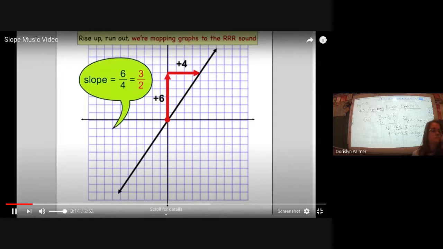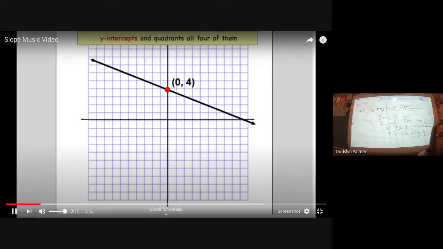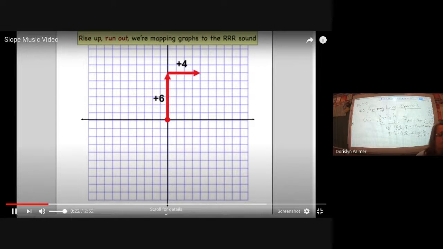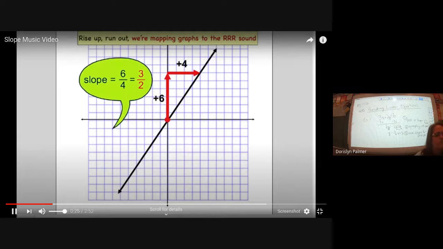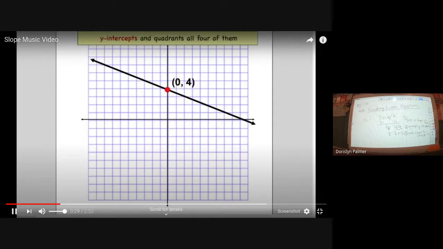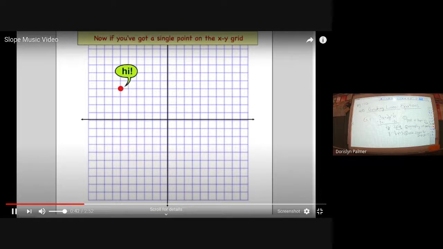We mapping graphs to the triple R sound. We talking points and slopes, axes and origins. Y intercept and primes result for them. Rise up, run out. We mapping graphs to the triple R sound. We talking points and slopes, axes and origins. Y intercept and primes result for them. The 4 quadrants start from the top and right, counterclockwise from the positive X and Y. You go around, hit the 2 and then 3, bottom left, negative. Remember that, please. You got a single point on the X, Y grid.